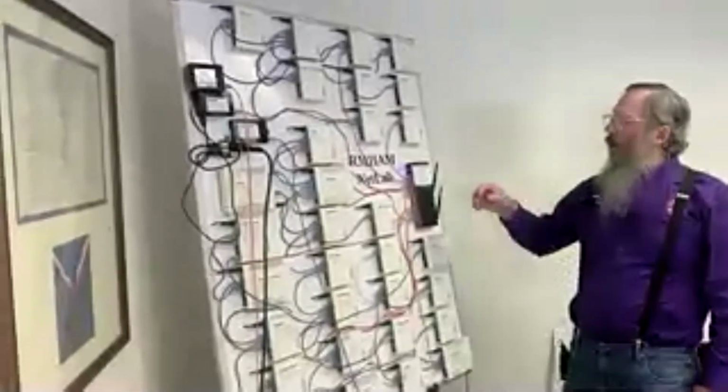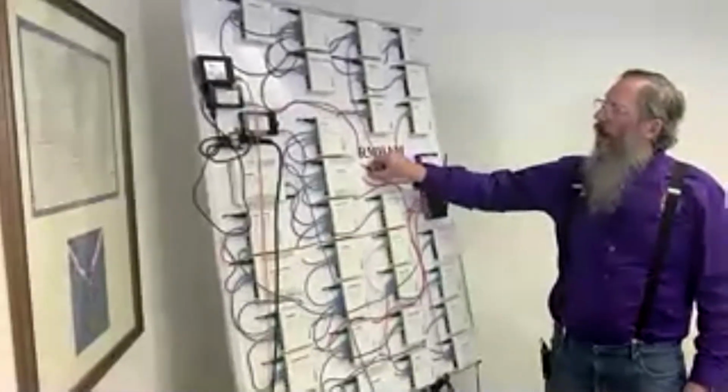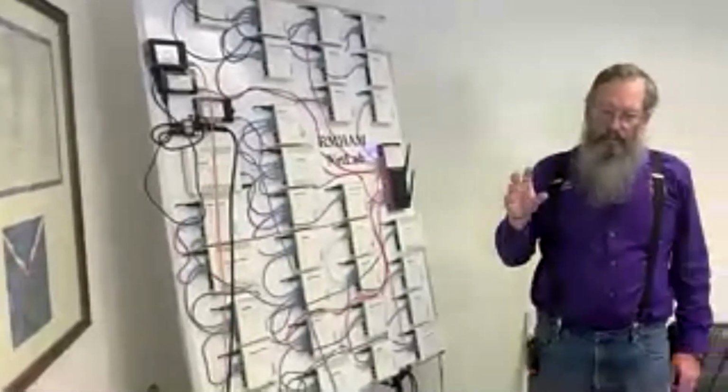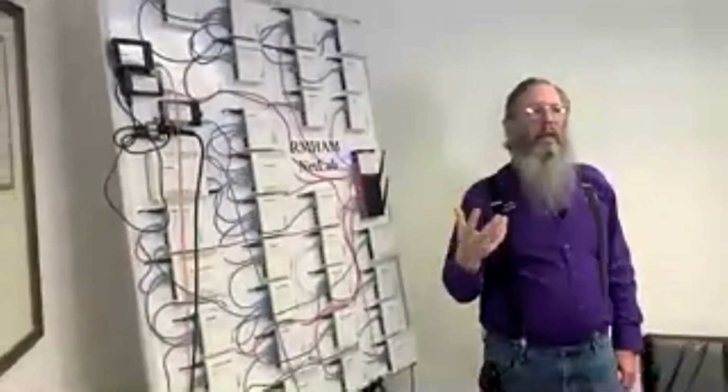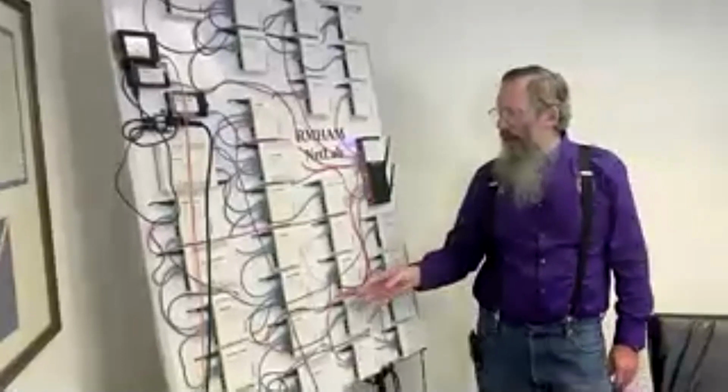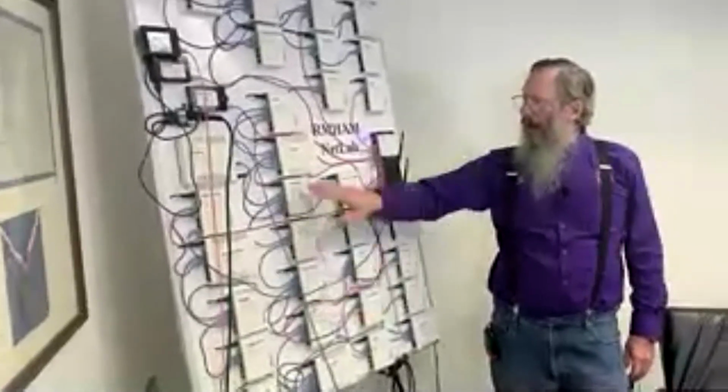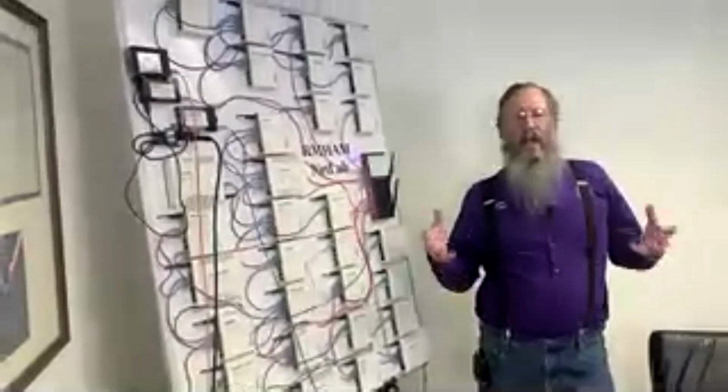The wires that are red represent VPN links. So in this case, for example, at Almagre and at Thoroton, we actually also have commercial internet access.